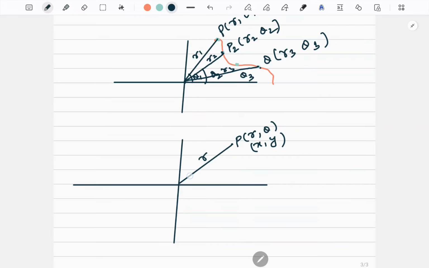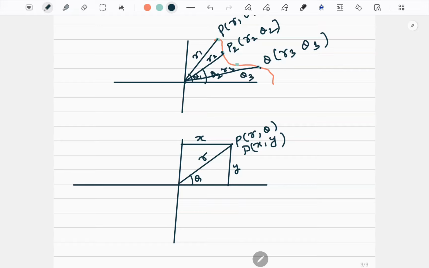I'll say this is r and this is theta. At the same time, if I'm saying P is x comma y, this point is P x comma y, Cartesian form. So I'll drop a perpendicular here and this will be your y. Correct? Same way, if I drop a perpendicular here, it will be your x.